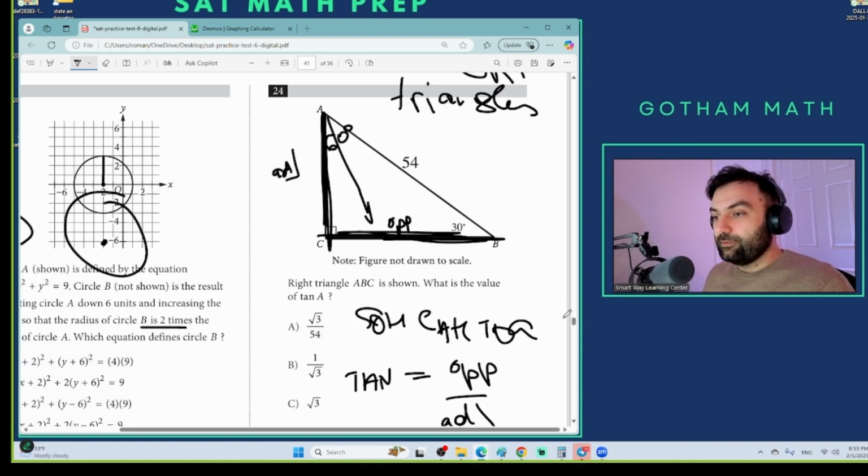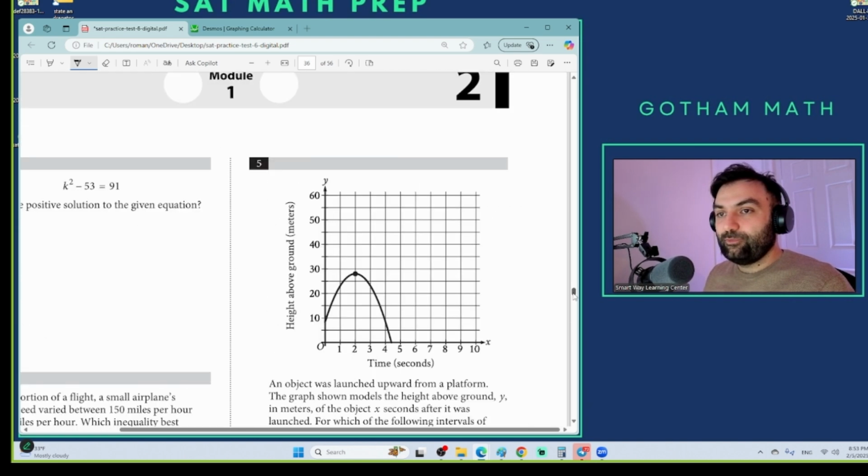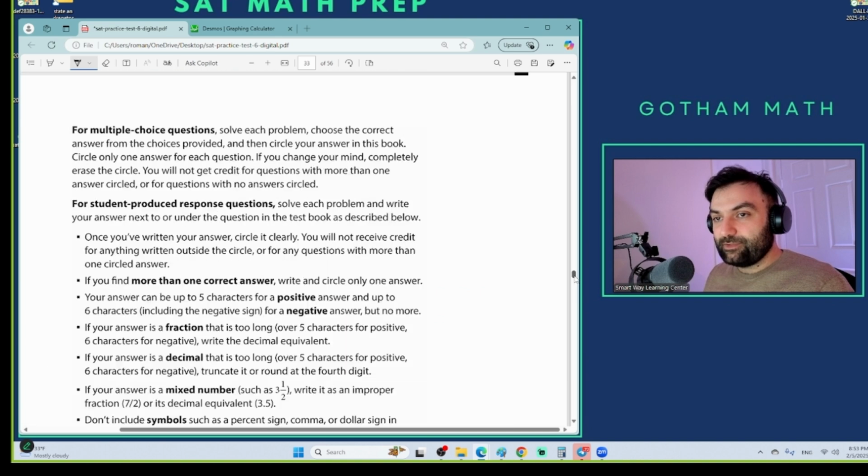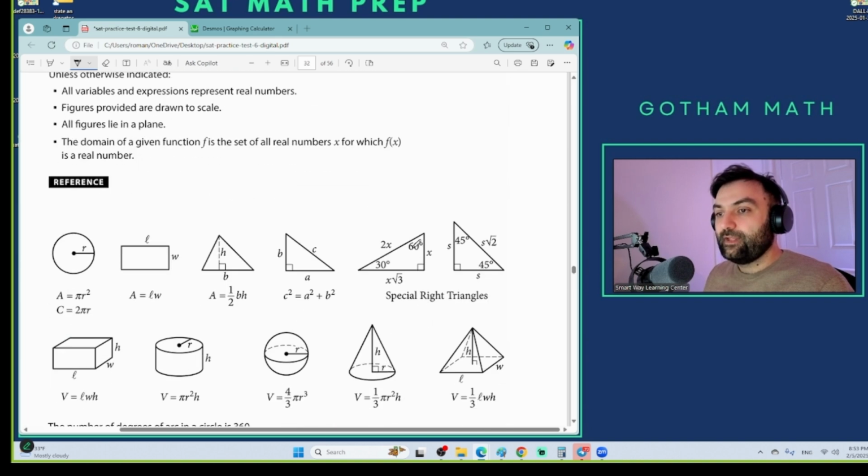There is a rule on special right triangles, because there is a formula that actually is given to you here. This is what we're dealing with. This is a special right triangle of 30, 60, 90. What does it give us? It gives us that the hypotenuse is 2x and the shortest side is x, which is half of that.